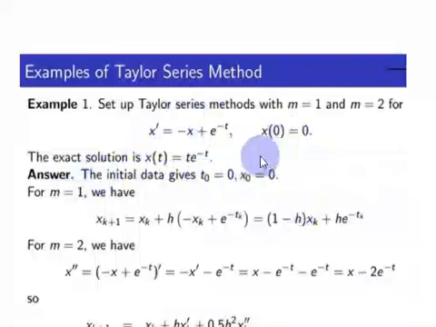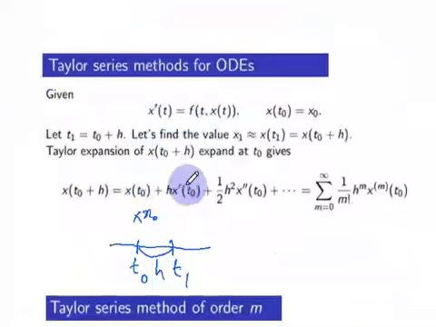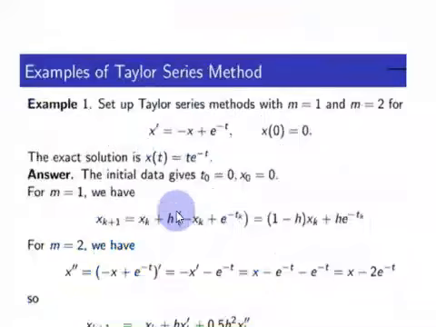The first step is to find the numerical solution using the Taylor series method. First consider the m equal 1 case. That means you just consider the first two terms of your Taylor expansion.